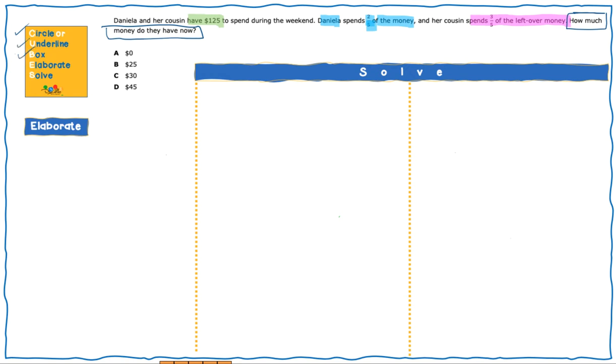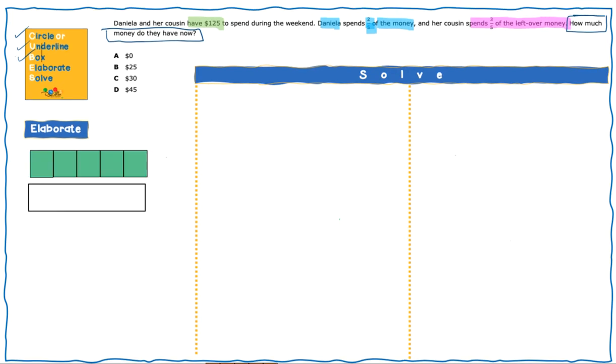Now I'm going to elaborate. And since I'm going to be using fractions of the whole quantity, I'm going to start using fraction bar models for this question as well. Okay, so I got my pre-made fraction bar, so I won't have to do a lot of non-perfect pictures, like pictures that you can follow better, guys.